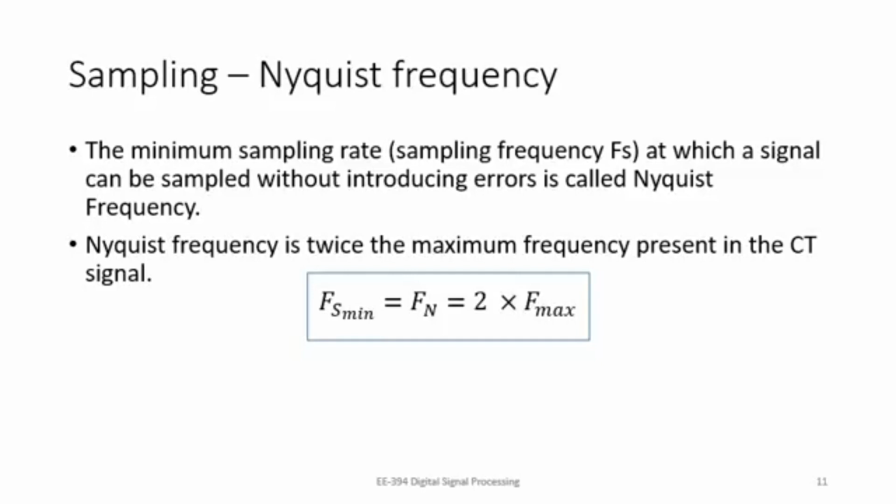And the Nyquist frequency, as we have seen in the previous slide, is twice the maximum frequency present in the continuous time signal. So if we know the maximum frequency present in the signal, then we multiply it by 2. This is called the Nyquist frequency, which happens to be the minimum sampling frequency of the signal.